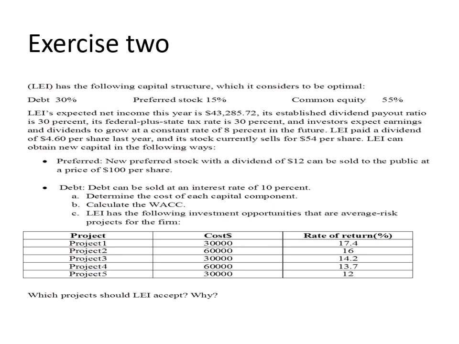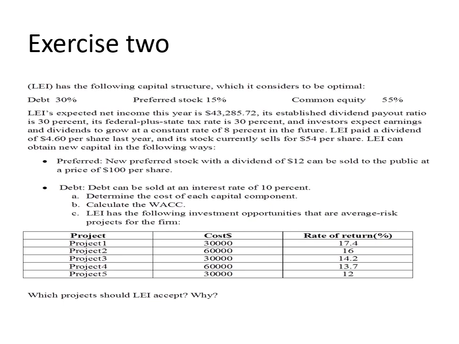Here, how many sources do you have? You have debt, which can be sold at an interest rate of 10%, and new preferred stock with a dividend of $12 per share, and the price per share is $100.